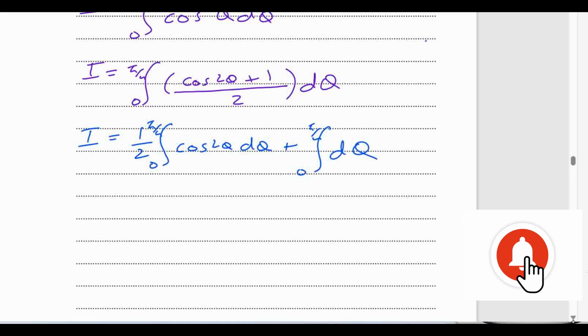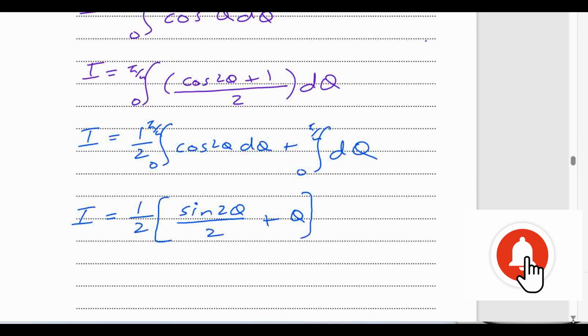Now if we simply integrate it, I is equal to 1 by 2. We can use the bracket so that the working is clear. The integral of cos 2 theta will be equal to sin 2 theta divided by 2, plus this will be theta.